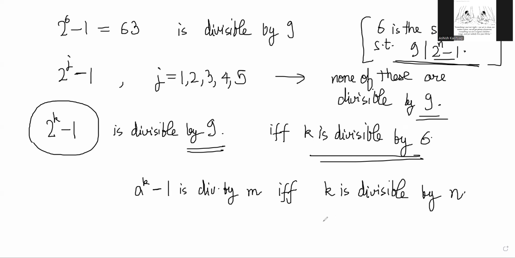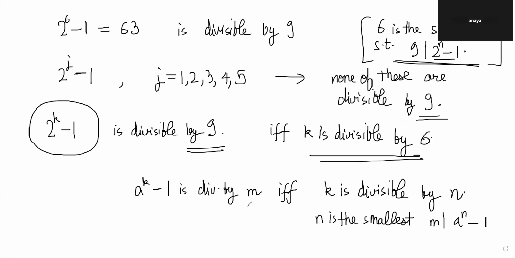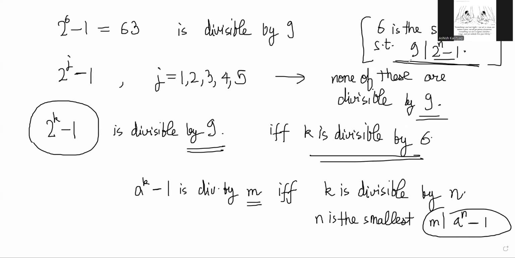N is the smallest integer where m divides a power n minus 1. So, for example, 6 is the smallest integer for which 9 divides 2 power 6 minus 1.